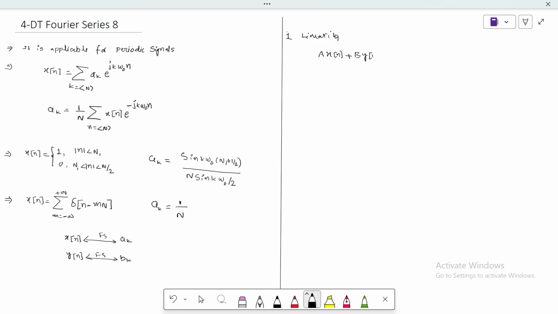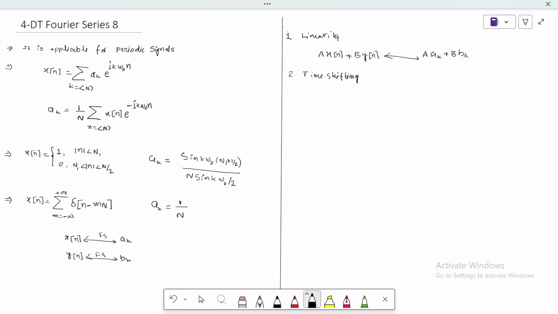So A into x of n plus B into y of n has Fourier coefficient A into ak plus B into bk. Next, the time shifting property.